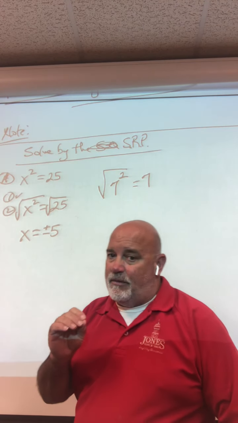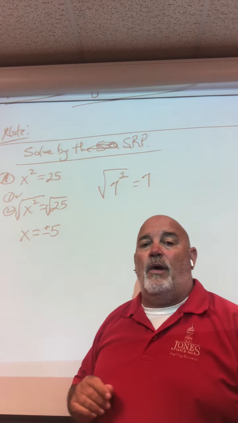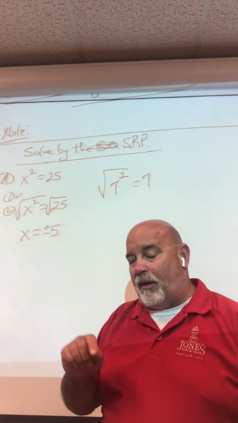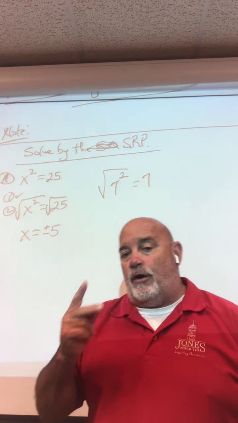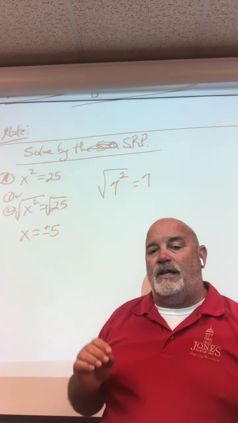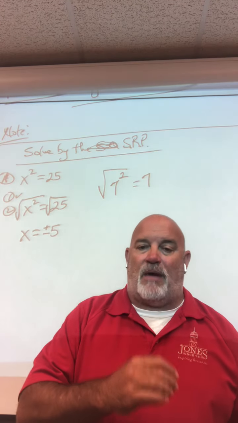Now you're going to have to listen to me carefully here. You're going to end up getting a little confused. A while ago when I reviewed the radicals with you, did I put plus or minus in front of any of those? No. There are two kinds of square roots in mathematics. One is what's called a principal square root or a principal radical.